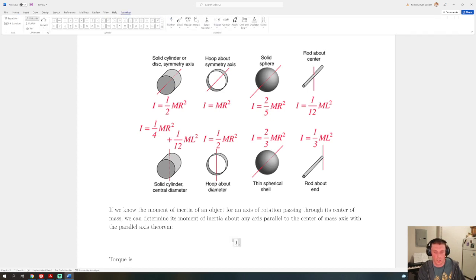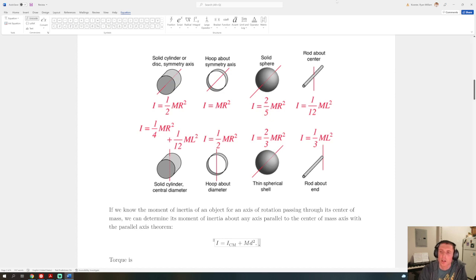The moment of inertia equals the moment of inertia about the center of mass plus md squared, right? Remember that these axes have to be parallel, right? That's why we call it the parallel axis theorem. And m is just the mass of the object, and d is the perpendicular distance between the axes.